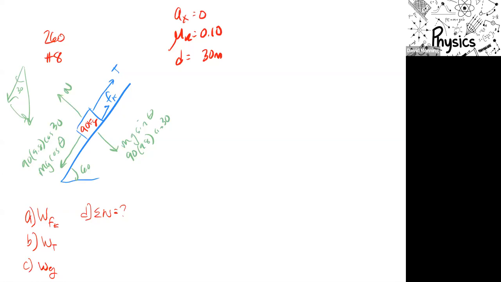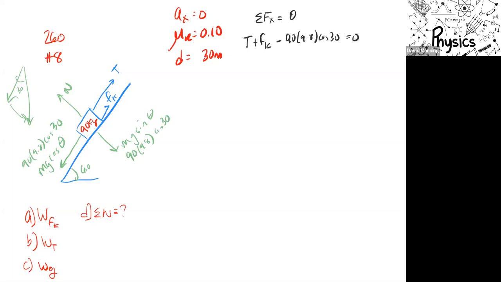So the first thing we want to do is find our missing forces to fill in our free body diagram. We've got to find Fk and T. So we go back to our big three equations. Sum of the forces in the x equals ma, which is 0. So T plus Fk minus 90 times 9.8 times the cosine of 30 equals 0.